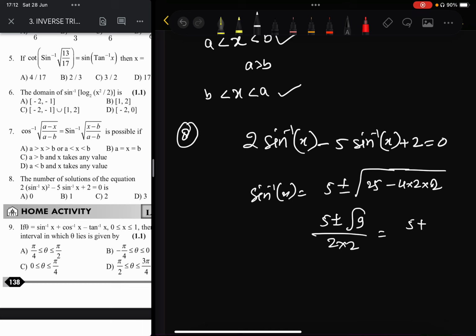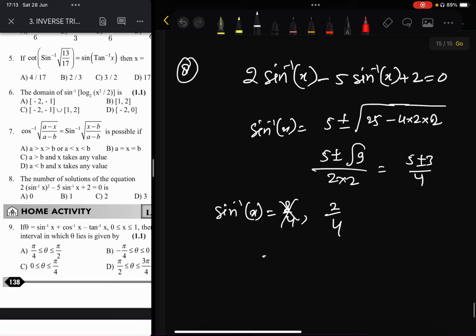So 5 plus minus 3 by 4. So the value of sine inverse x is either 8 by 4, or 5 minus 3, that is 2 by 4.